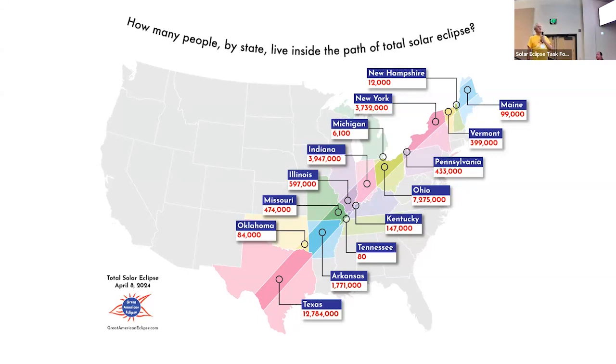After Texas, the other states that are quite populous are Illinois, Indiana, Ohio, and New York, upstate New York. These are the people who already live inside the path.